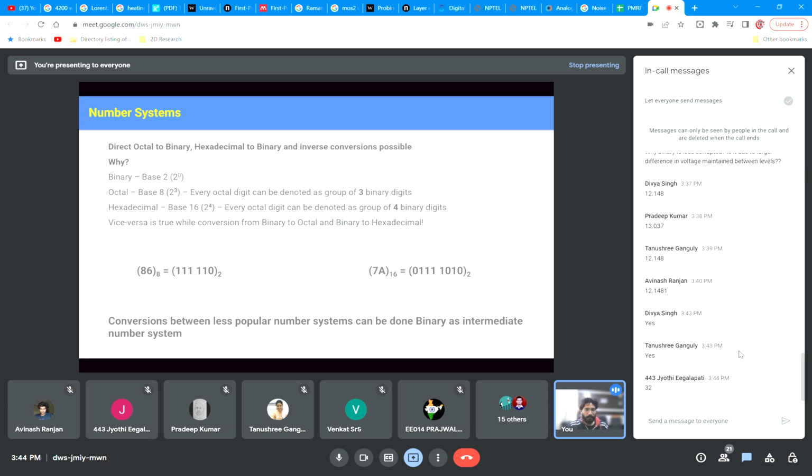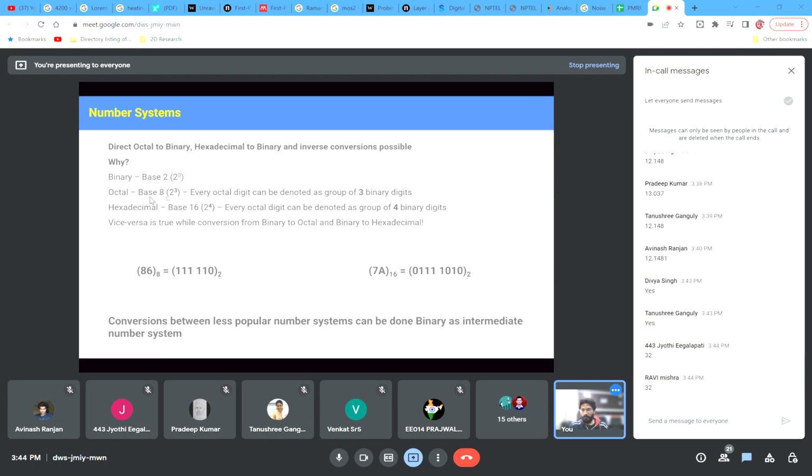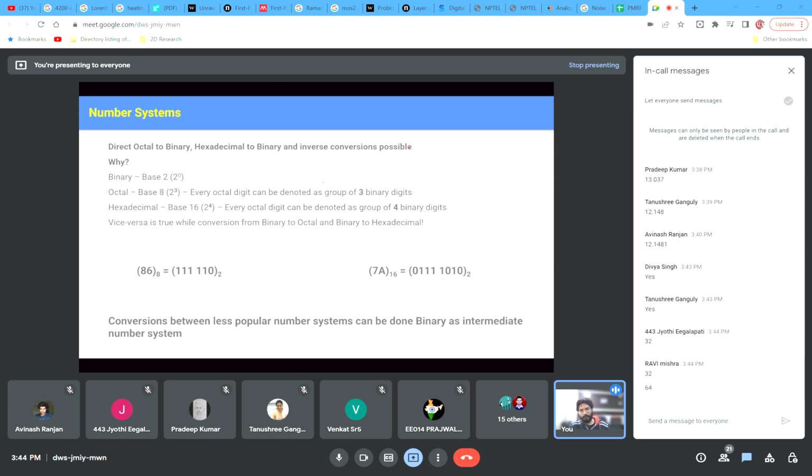Yeah, this is pretty straightforward if you look at this slide. Any number system which has a base of 2 to the power n will have a direct conversion to base 2, that is binary. Even a base of 4 will have a direct conversion to binary. In case of octal, groups of 3 form.